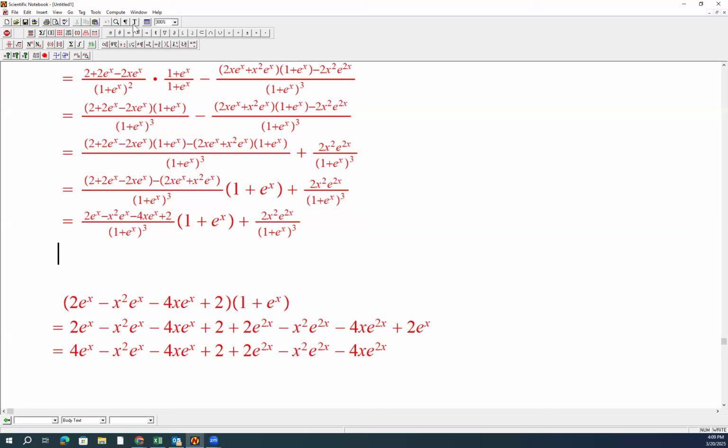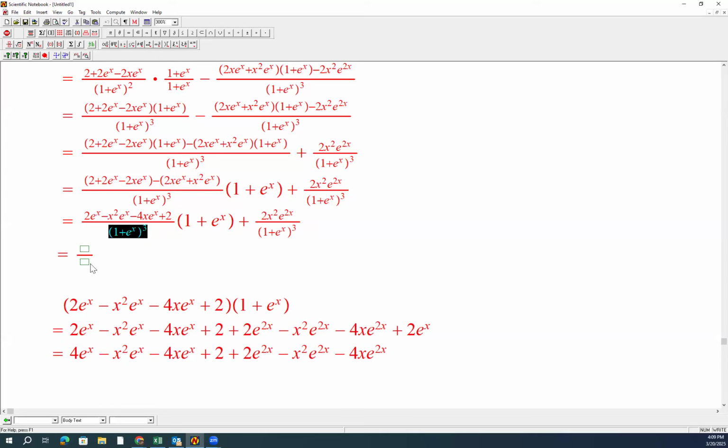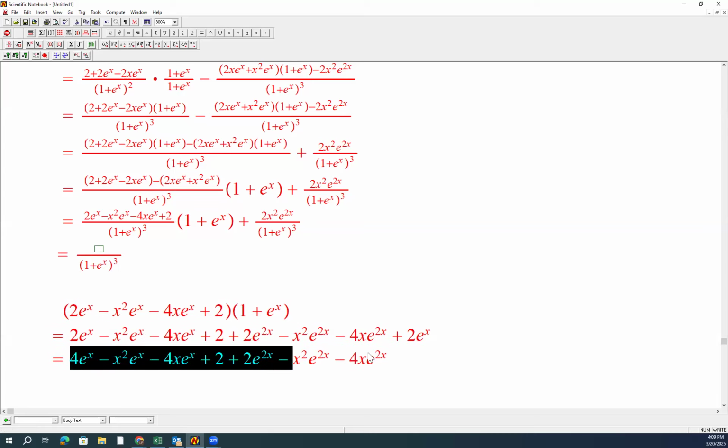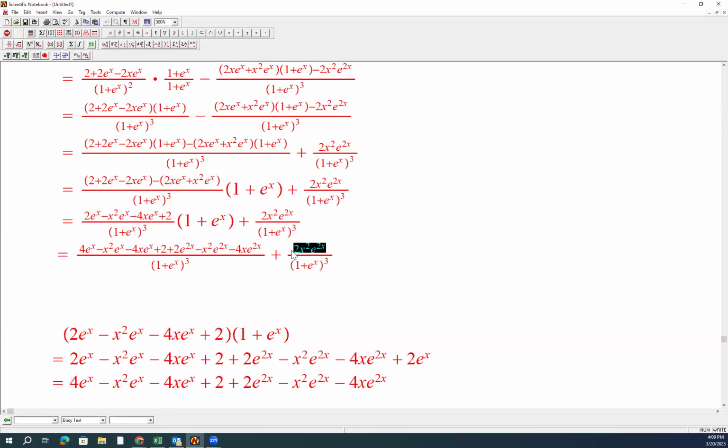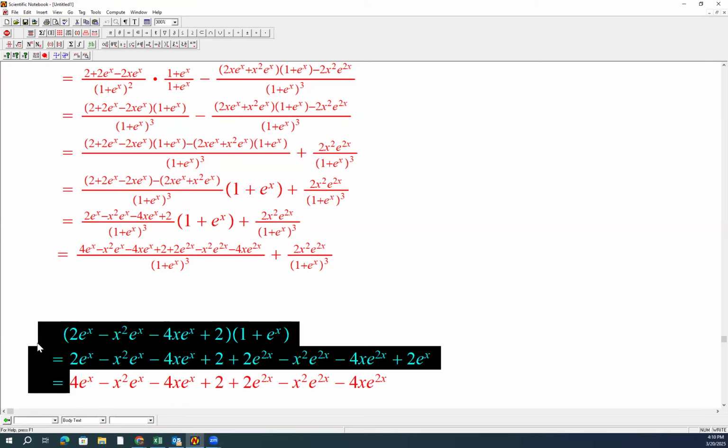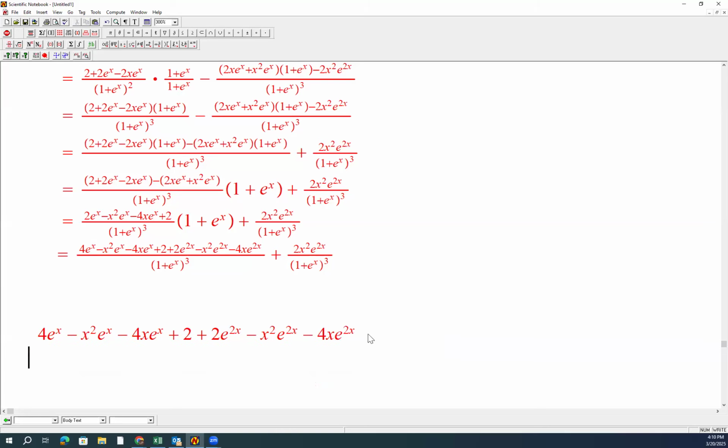So it's really useful to have a scratch paper on the side, right? So this piece is turning into, denominator stays the same, numerator is this guy, and plus this whole thing. And last but not least, of course, we're going to add this piece to the total, right? When we add this piece to the total, we don't need this anymore, so now we're adding this piece.